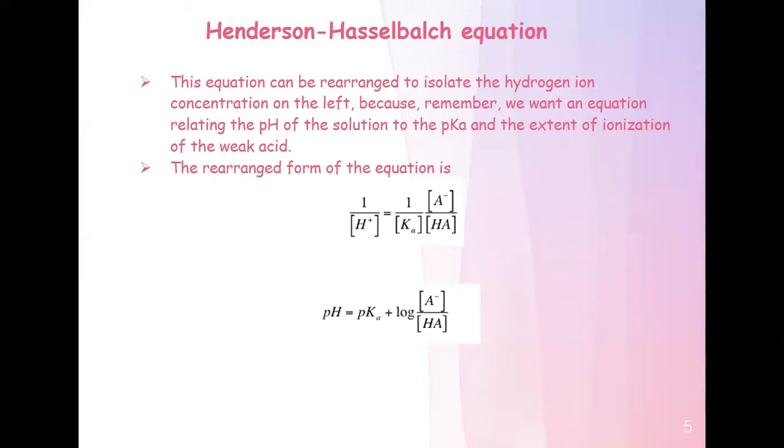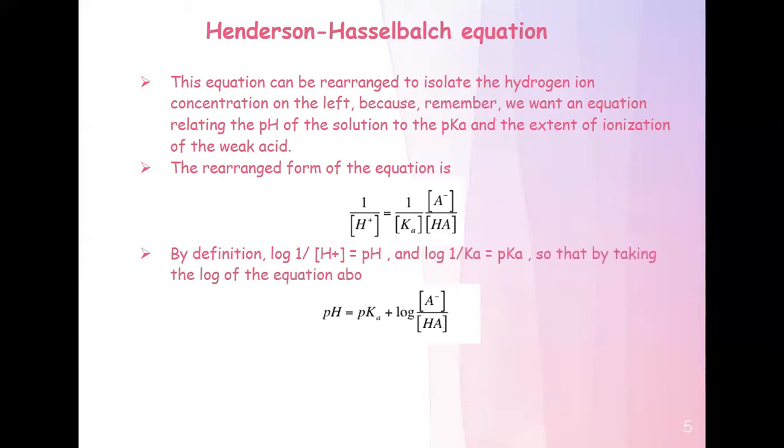The rearranged form of equation is 1 upon [H+] is equal to 1 upon Ka into [A-] divided by [HA]. By definition, log 1 upon [H+] is equal to pH and log 1 upon Ka is equal to pKa.